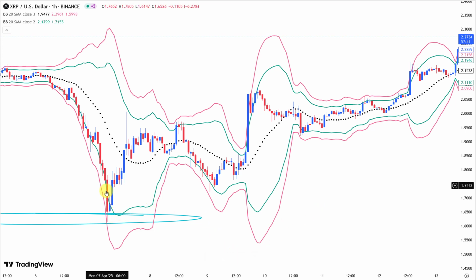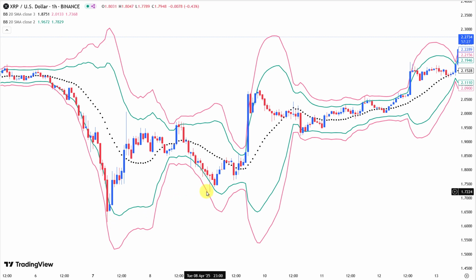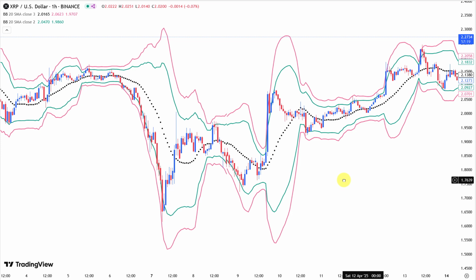You can see how this starts to die off, and in fact it turns to the upside. So this low right here is the ultimate low for that move. Then you get a higher low and another higher low, and then it's taking off to the upside.